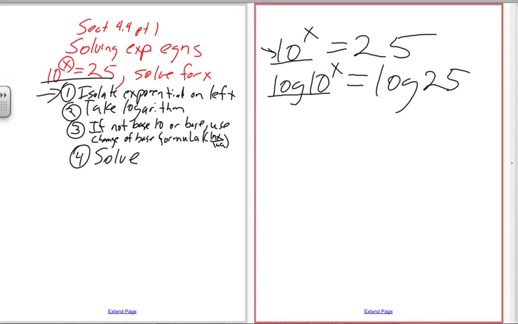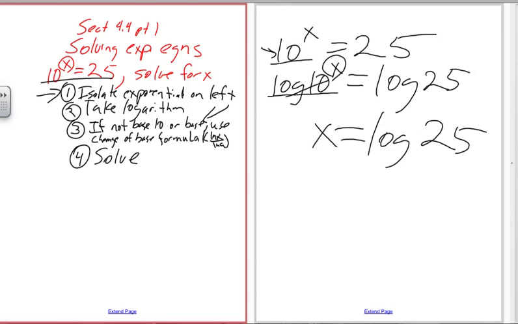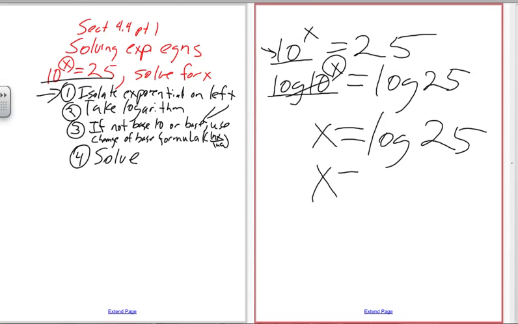And log and 10 to the x are inverse operators, so they go away and I'm left with just what I have up here. So I'm left with x equals log of 25. All right, I'm in base 10. So at this point now, I plug this in the calculator, and it's approximately equal to 1.398.